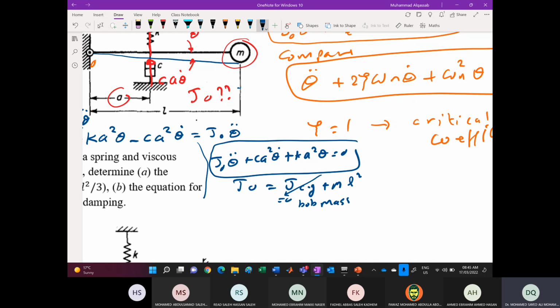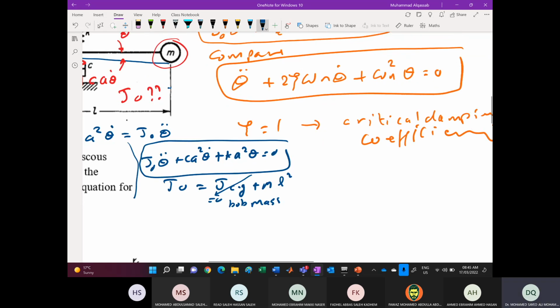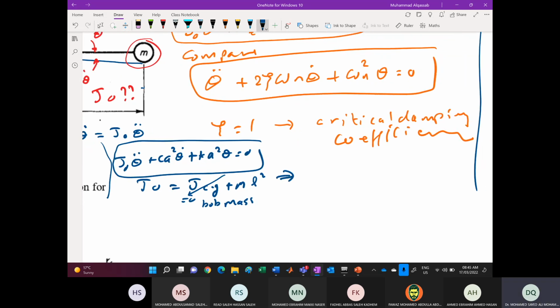Okay, if it is a disk, as we did in tutorial 3, we have to know whether this is locked or unlocked to the R. It's a bulb mass. So this equation will be M L squared theta double dot plus C A squared theta dot plus K A squared theta equal to 0. There is K here, right? K.